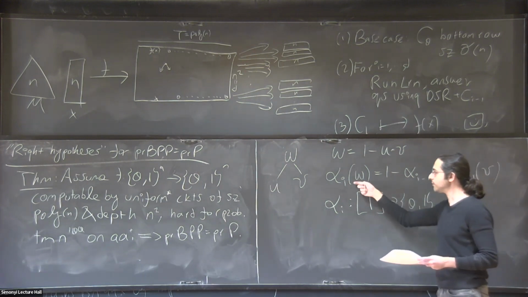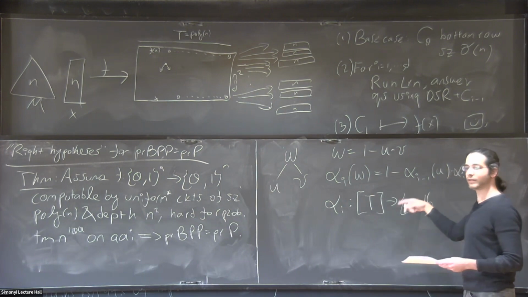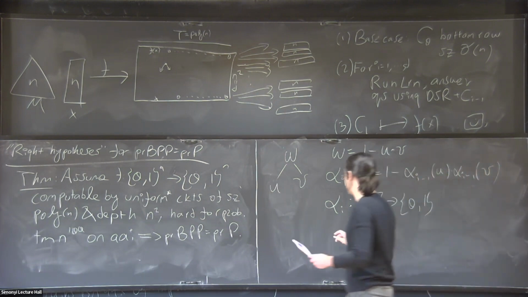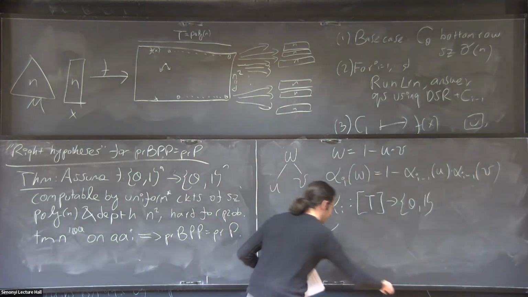So the function takes as input the name of a gate, and I'm going to write it in a complicated way that will be helpful for us.